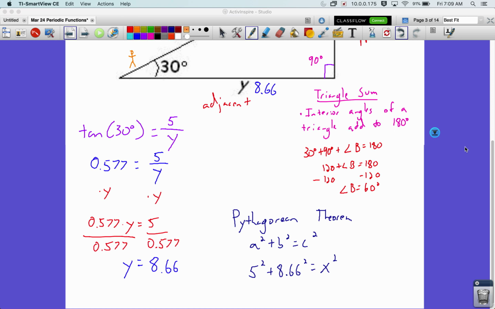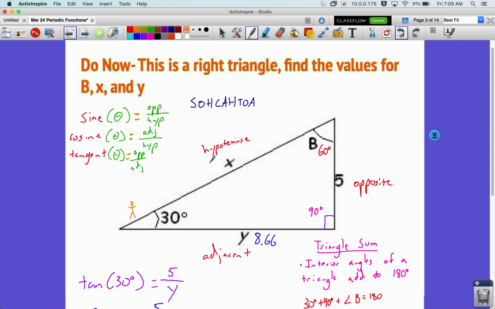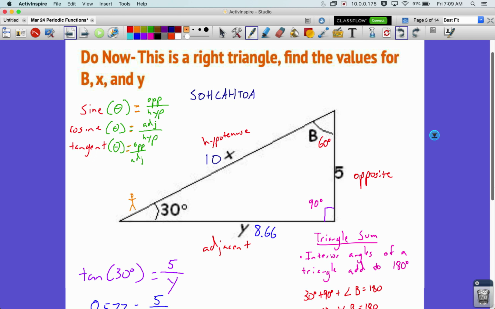So let me fill that in on this side. 100 equals x squared. Take the square root of both sides. And then we get that our hypotenuse must be 10. All right. So we have found all three angles, all three sides. This triangle is now solved.